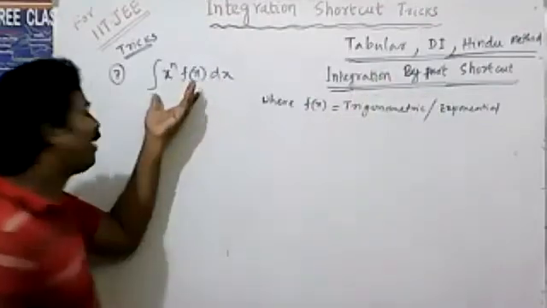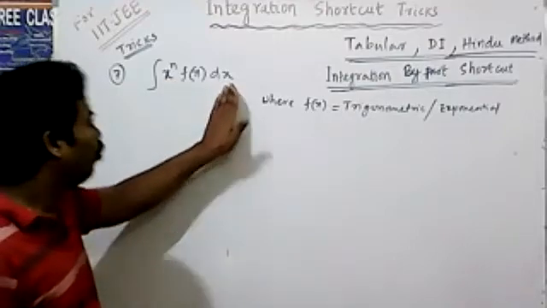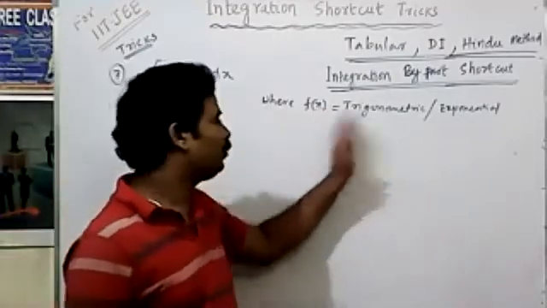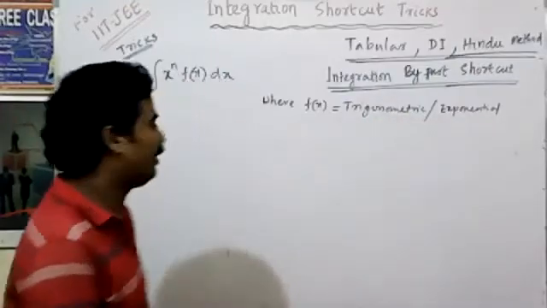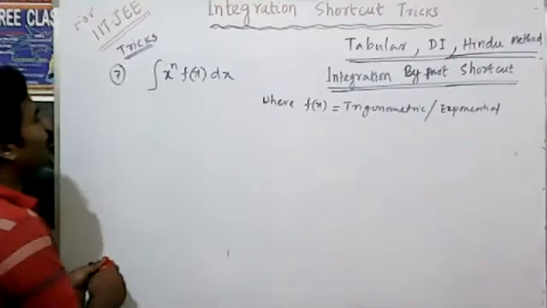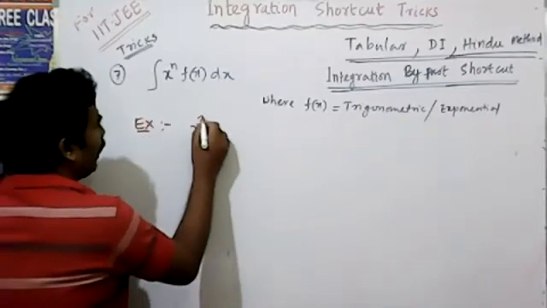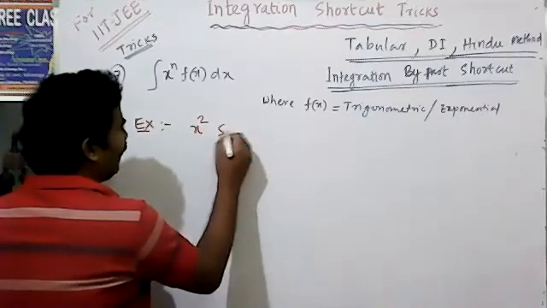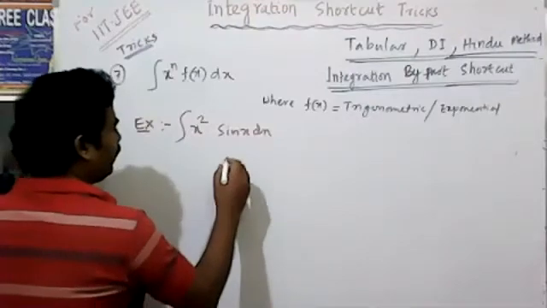That means if the format is given as x to the power n f(x) dx, where f(x) is a trigonometric or exponential function, then we can do this. Take one example: x square sin x dx is given.